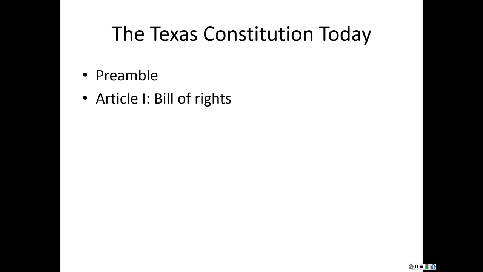However, the U.S. Constitution provides what we call a floor. They provide what is a bare minimum. What we find in the Texas Constitution is it goes above and beyond the minimum. It goes above and beyond what the U.S. Constitution says we have to have. The Texas Constitution actually grants us more freedoms, more protections than the minimum found in the Bill of Rights in the U.S. Constitution.